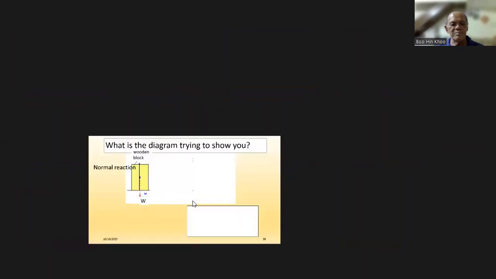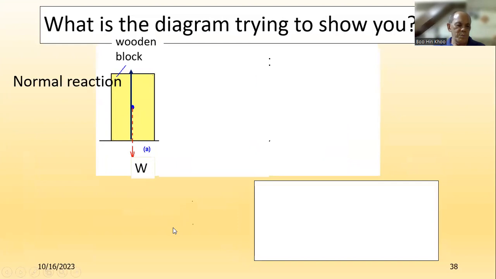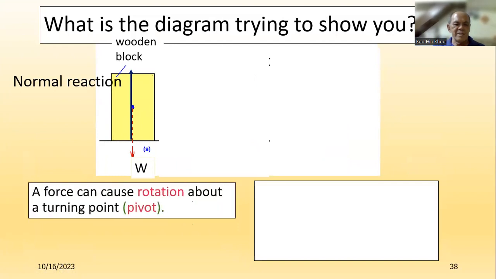Then we come to another condition. We say that forces can cause rotation about a turning point called the pivot.